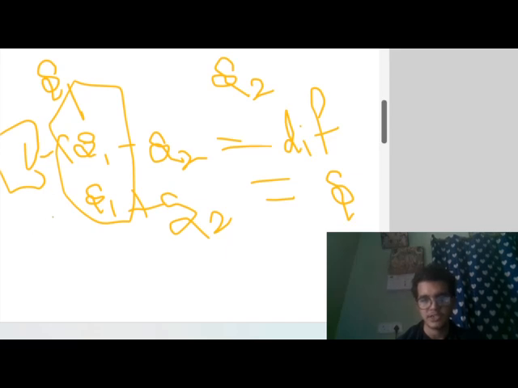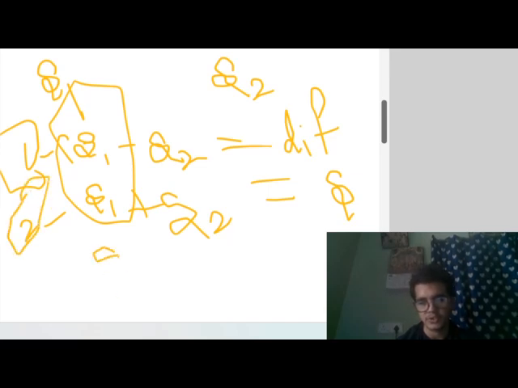We will just add equation 1 and equation 2, and we will get S1 equals S plus DIF, that is, the sum of the numbers in that list plus the difference, divided by 2.